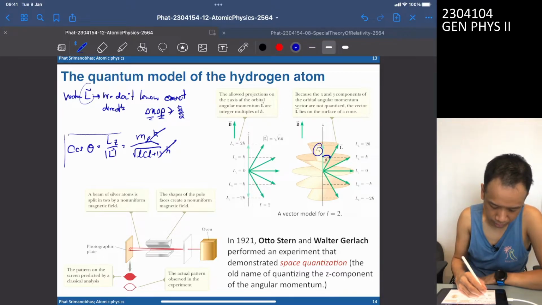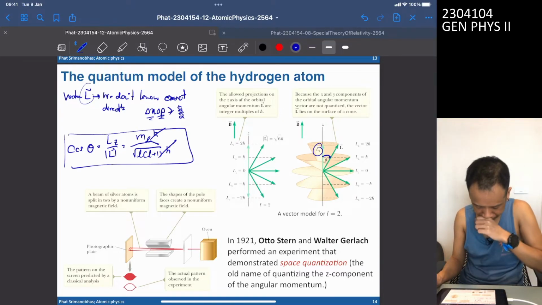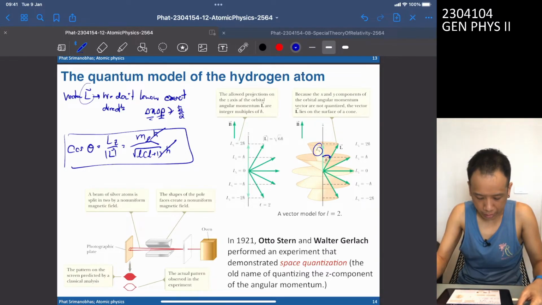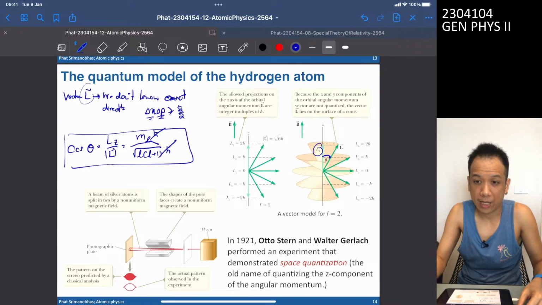This is the angle between the vector L and the projection of L on the z-axis.